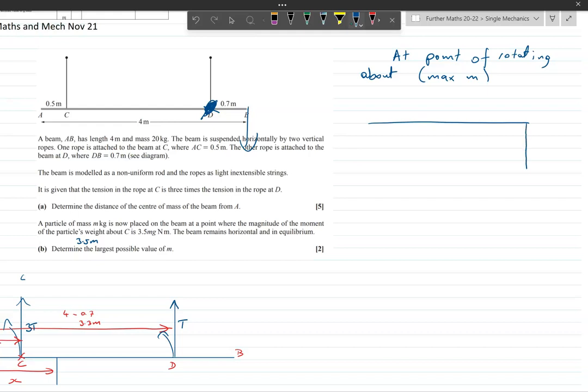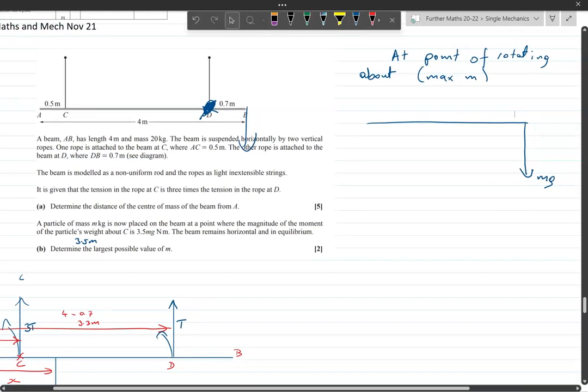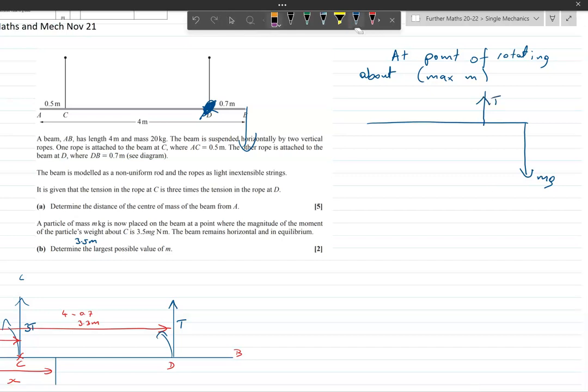That will be when the maximum value of m is. So let's draw the diagram there, mg. We've got D here, and that's 0.7. I could put a pivot there, but there's no pivot there, it's a string. I put T, it's not going to be the same T as last time, so if that bothers you, use a T dash, but it's going to be a different T. There's going to be no tension here, T equals 0, on the point of tilting, because it's just about to rotate, but it's still horizontal.